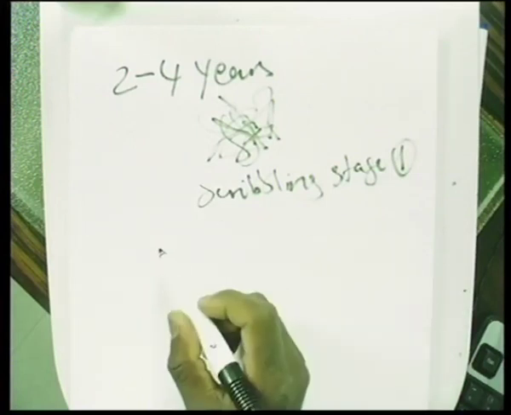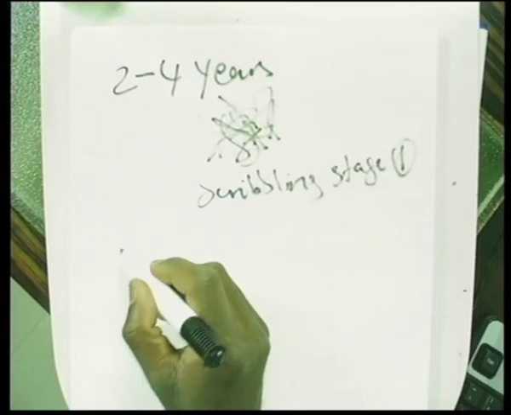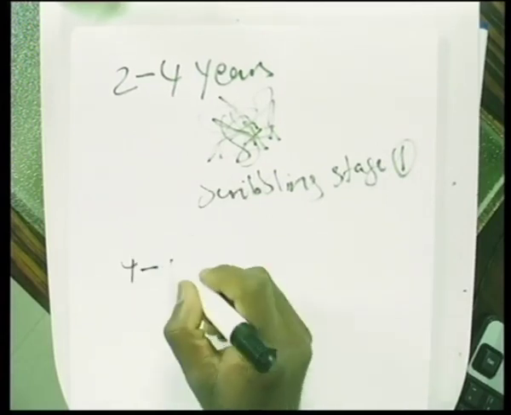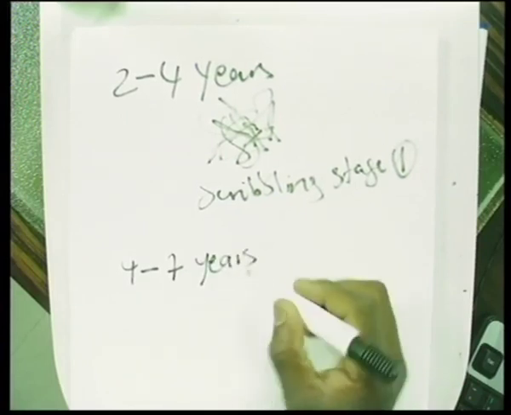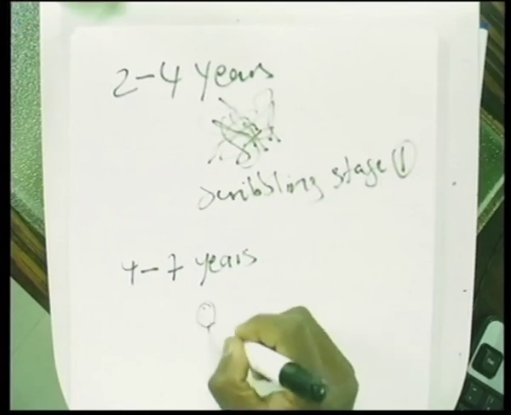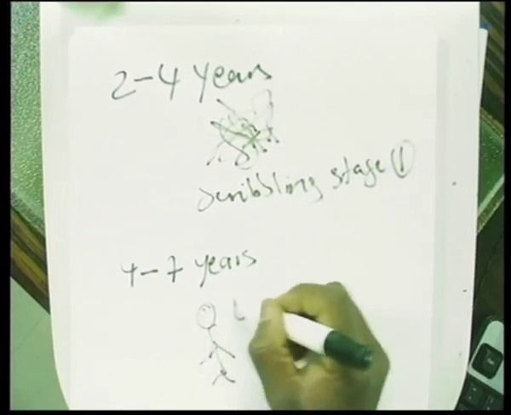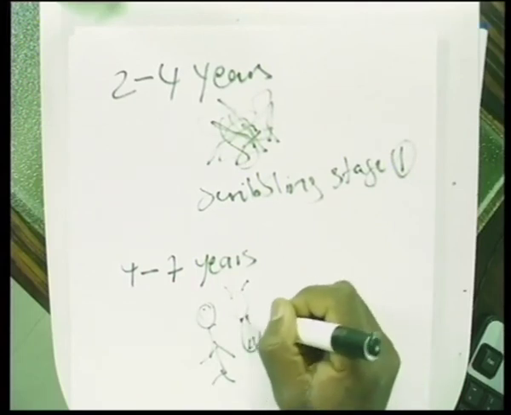And we also look at stage 2, which is between 4 and 7 years. Here, maybe you will be able to see a little bit of what the learner is trying to draw.